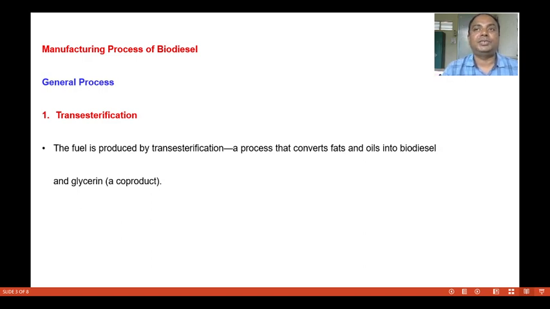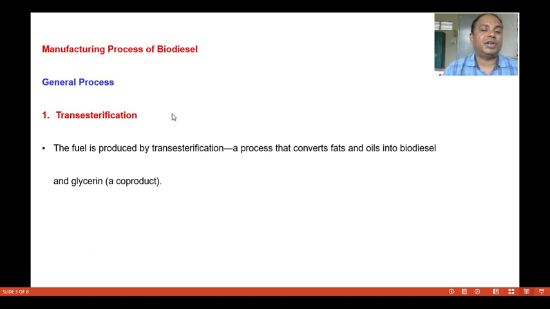The triglyceride itself is an ester, so this triglyceride gets converted into another type of ester, and we call this process transesterification. It means an ester is made to react and get converted into another ester. That reaction is called the transesterification reaction.